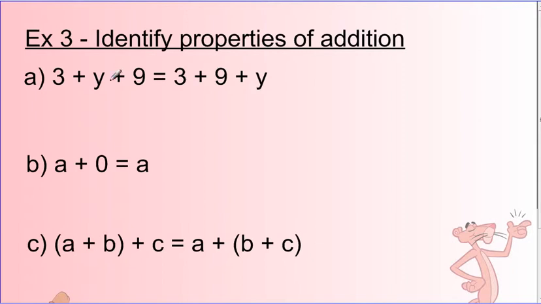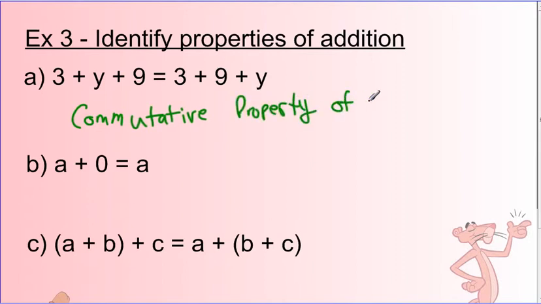Letter A here. This is known as the commutative property of addition, also known as the moving property.